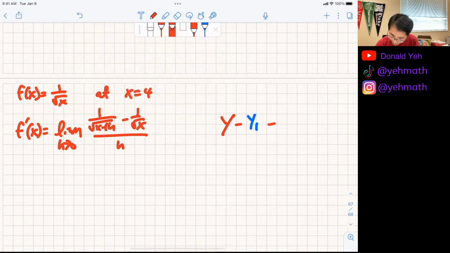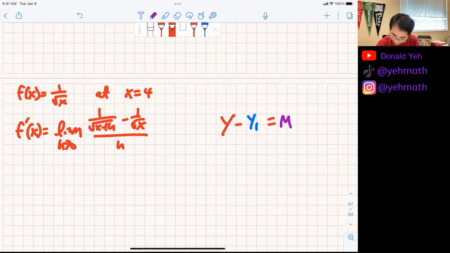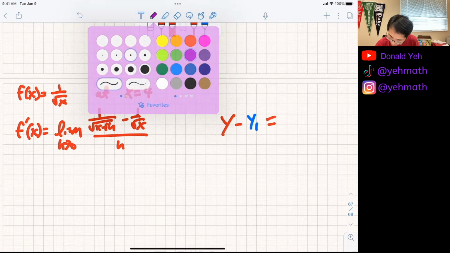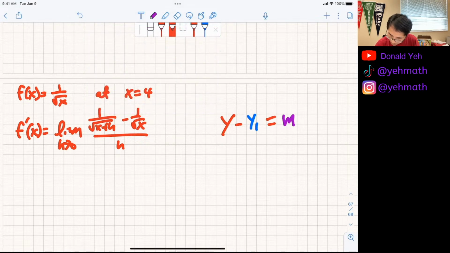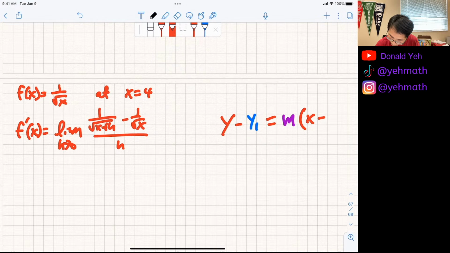And then equal to, and I'm going to write down in purple, m times x minus x1, which is 4 here. So basically there are 3 elements.